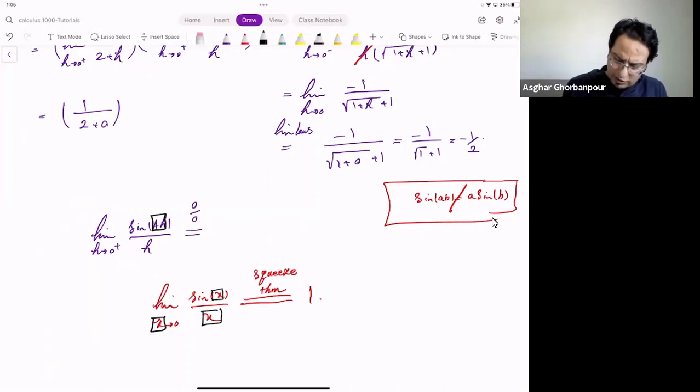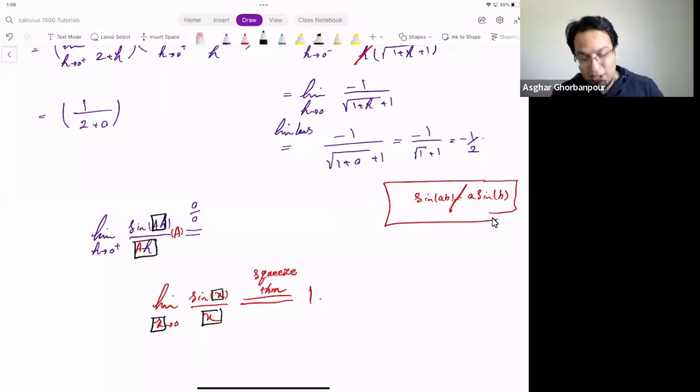In the denominator, I need to generate a times h, so I multiply the denominator by a. I have to multiply the numerator by a as well. Otherwise, I'm changing the limit. I'm finding something else. But if I do that operation, that will be sine of box over box.